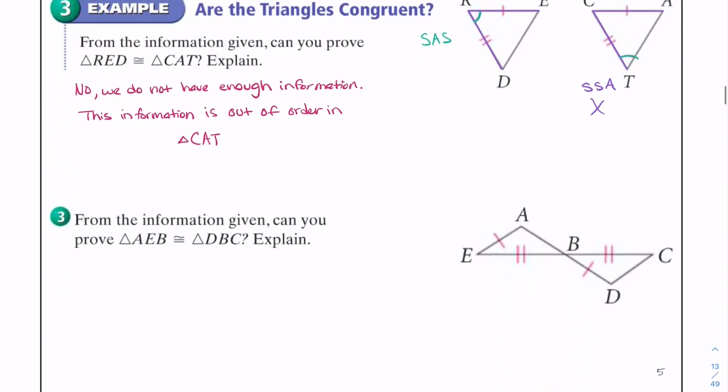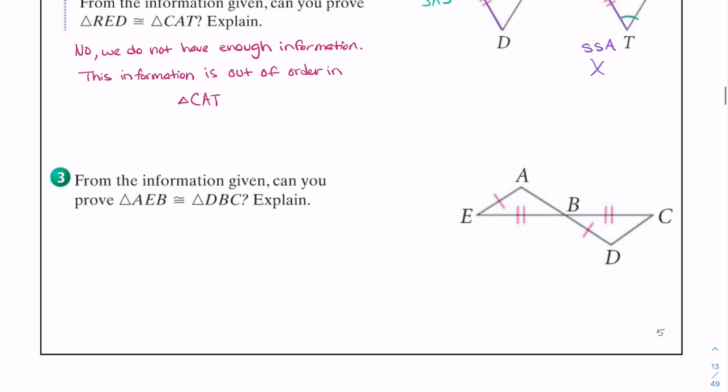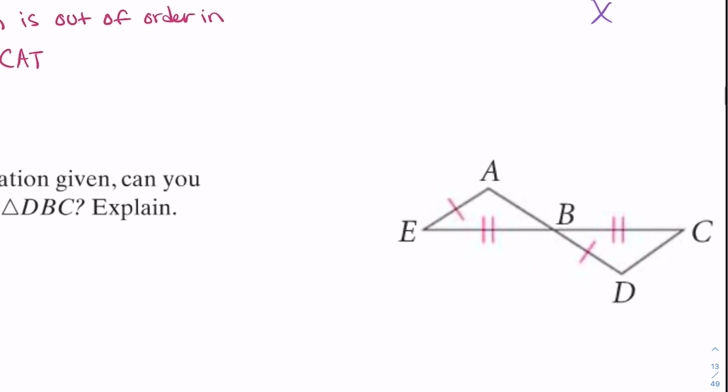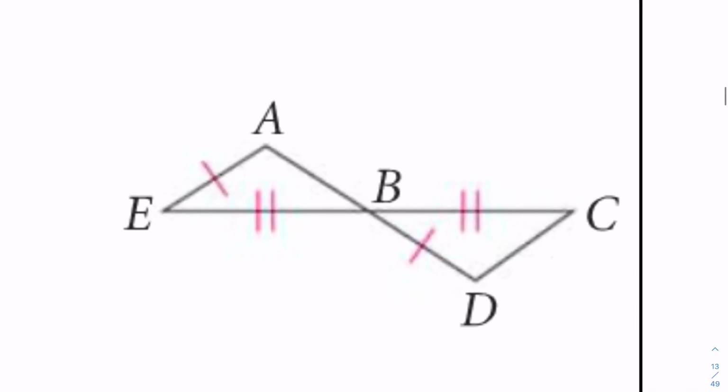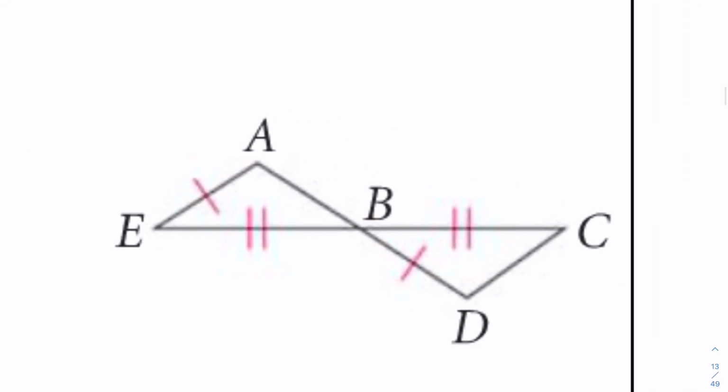All right. From the information, can we prove that AEB is congruent to DBC? And let's see. It looks like I have this side and this side. It looks like I have this side and this side.